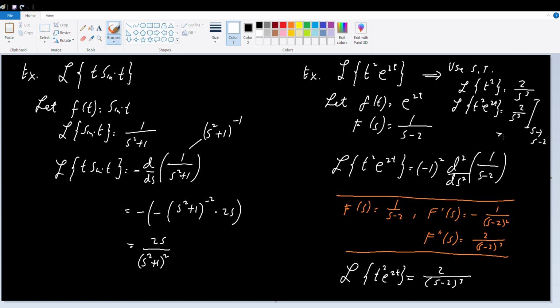So that will be 2 over s minus 2 cubed, which agrees perfectly with our answer. Whether we use the shifting theorem or the t multiply transform, we'll be getting the same Laplace transform. Okay?